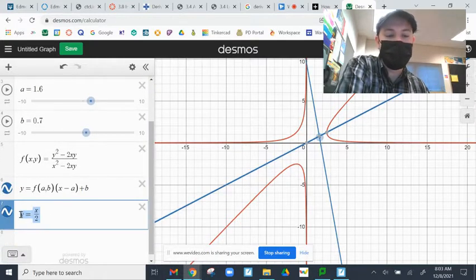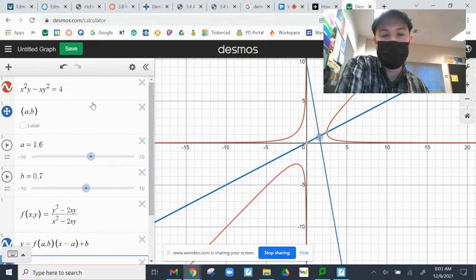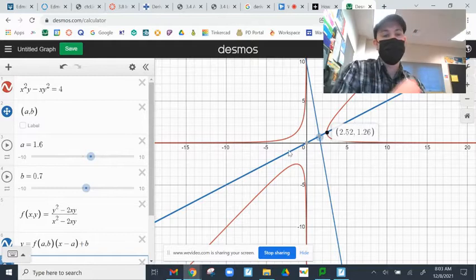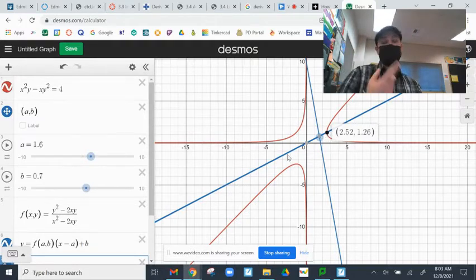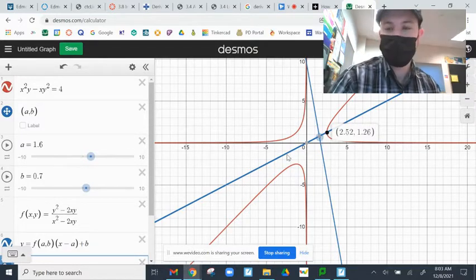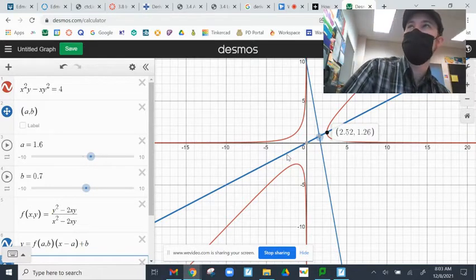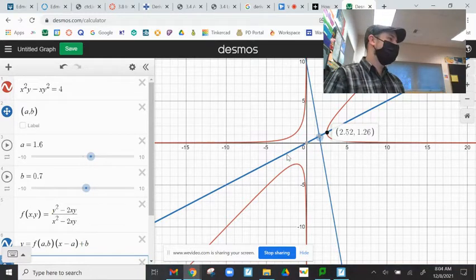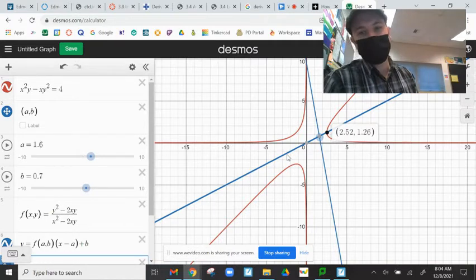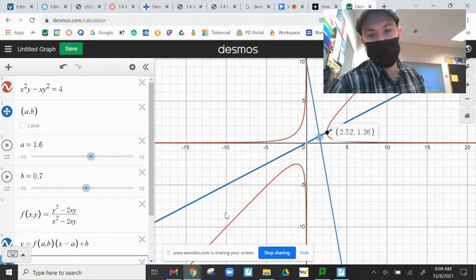And you'd have to do a substitution. You'd replace y with x over 2 and then solve for this value of x. I think it's a cubic. So it'd be pretty interesting. If you want to go ahead and do that and let me know what the value of x is, that would be fun. You could show me your work. All right. So really fun to visualize that and see what's going on.